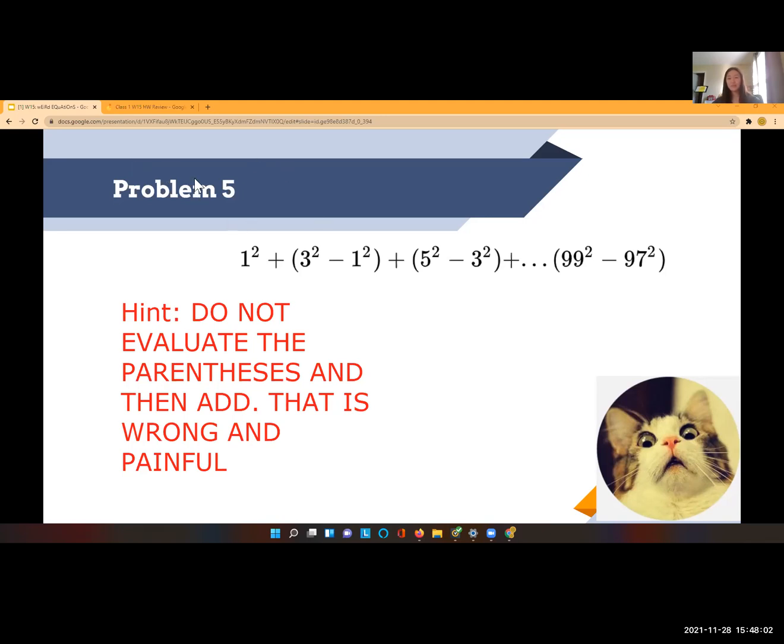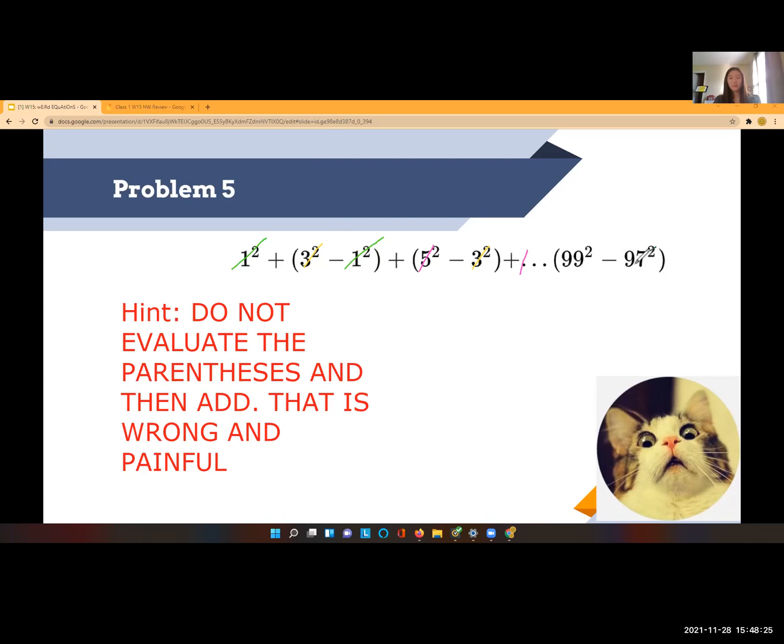So let's start with that 1 squared. And you can notice next there's a minus 1 squared, and those cancel out. And then that 3, say there's a parentheses, the 3 is the first term in the parentheses, and then it cancels out with the 3 in the next set of parentheses. That 3 is the second term in the parentheses. All right, and that goes on and on and on.